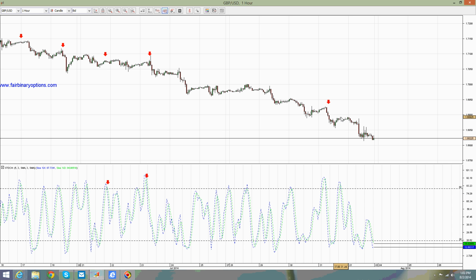It is quite straightforward. It is quite risky to go and buy call options in a trend that is falling, and therefore if you want to sit on the right side of things, the stochastic may just help you pick the right places to go into the market.